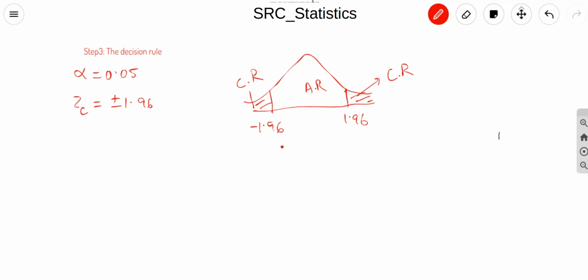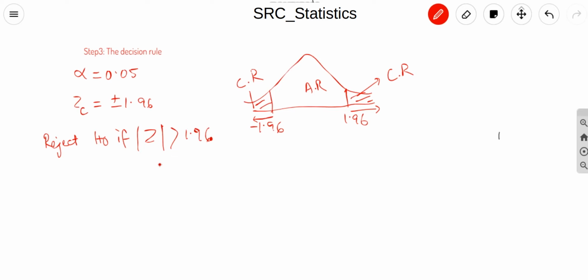That means if the value of the test statistic falls to the left of negative 1.96 or to the right of positive 1.96, then we reject the null hypothesis, otherwise we fail to reject H naught. Therefore, the decision rule will be: reject H naught if modulus of Z is greater than 1.96.